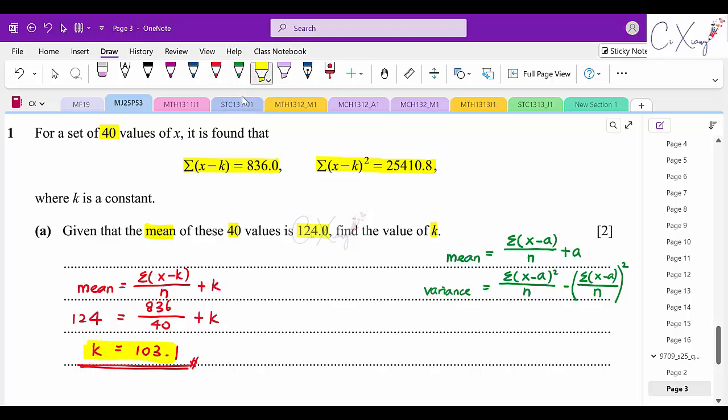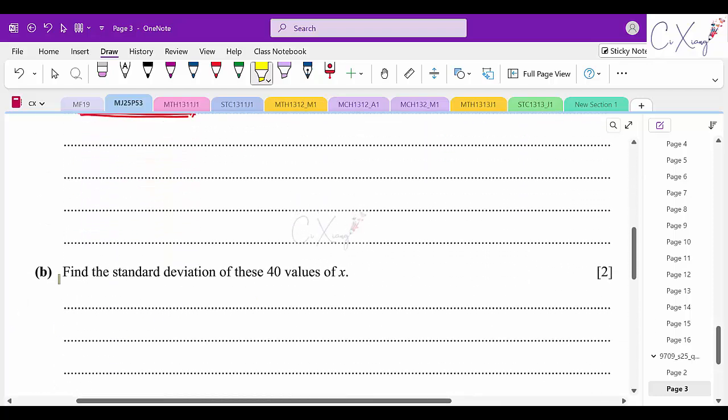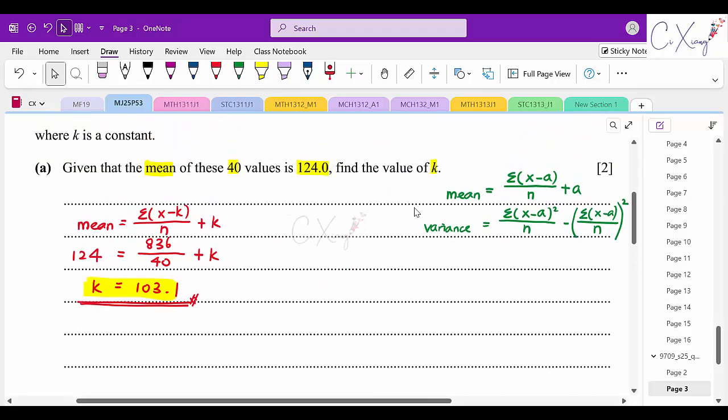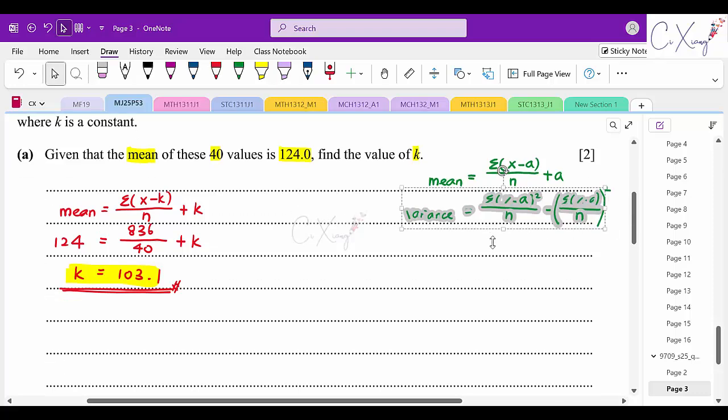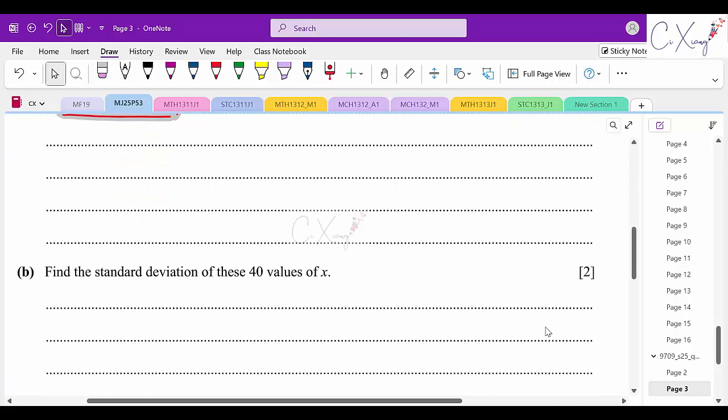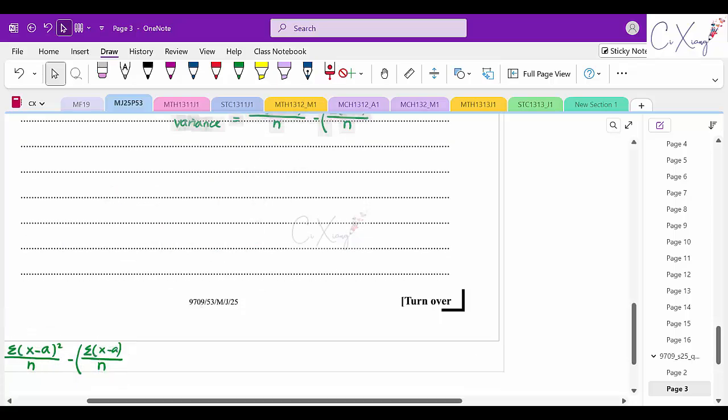Then let's proceed to part B. For part B, they want us to find the standard deviation of these 40 values of x. We need to apply the variance formula and just put a square root on it so that it becomes the standard deviation.